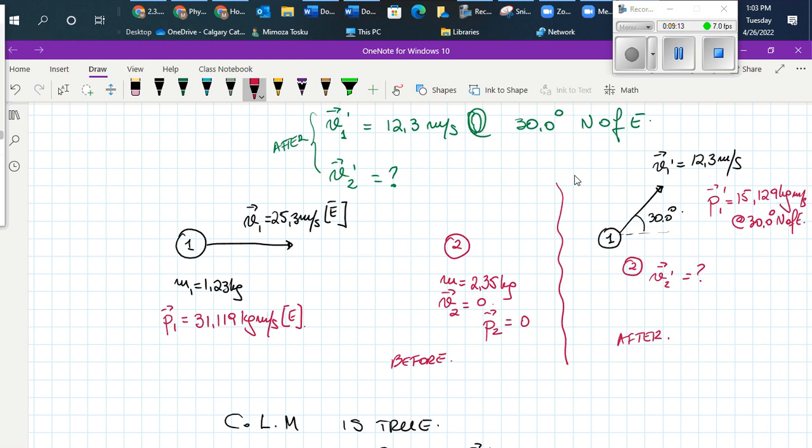Remember what we said in the previous class: when calculating momentum knowing the vector, we can calculate the magnitude of the momentum just by multiplying the two magnitudes together, because the direction of momentum and the direction of the velocity will be the same.